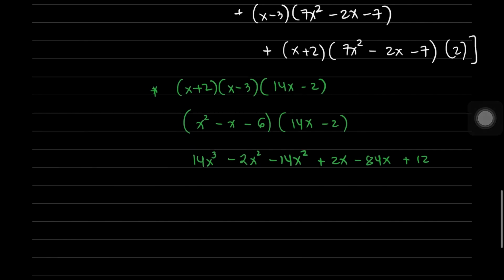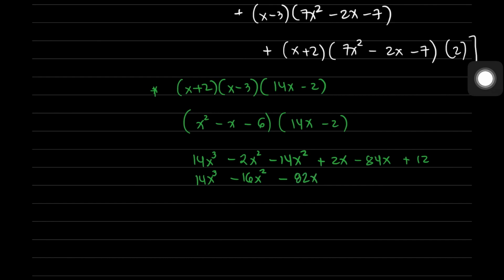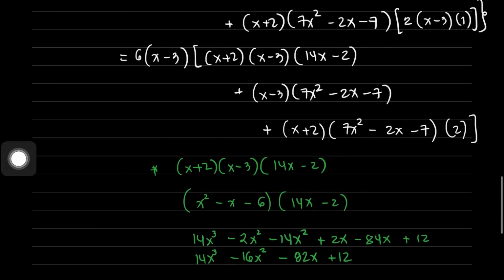So collecting similar terms, this is now equal to 14x cubed, negative 2 minus 14, that is equal to negative 16x squared, 2x minus 84x, so that is negative 82x, and then plus 12. Right? So this is now the expansion. If we're going to write it here, we have 14x cubed minus 16x squared minus 82x plus 12.